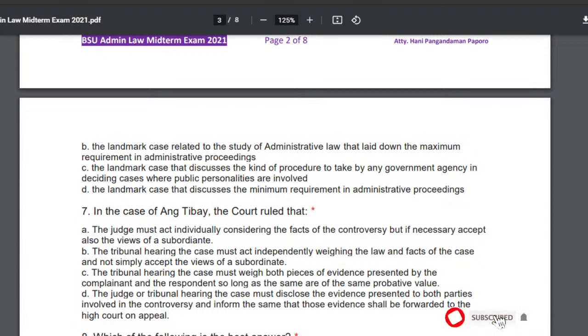Letter C, the landmark case that discusses the kind of procedure to take by any government agency in deciding cases where public personalities are involved. Or letter D, the landmark case that discusses the minimum requirement in admin proceedings. Choose A if you think it's correct, B, or C, or D.